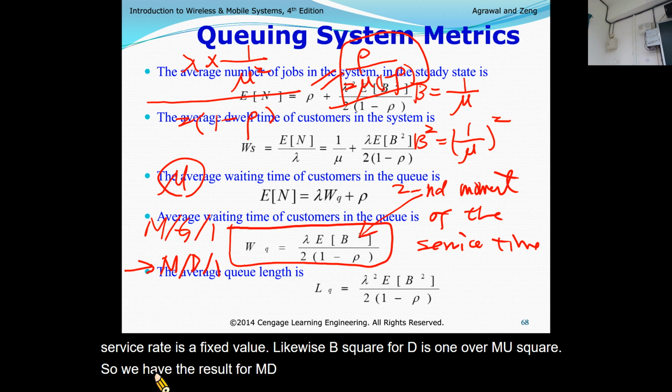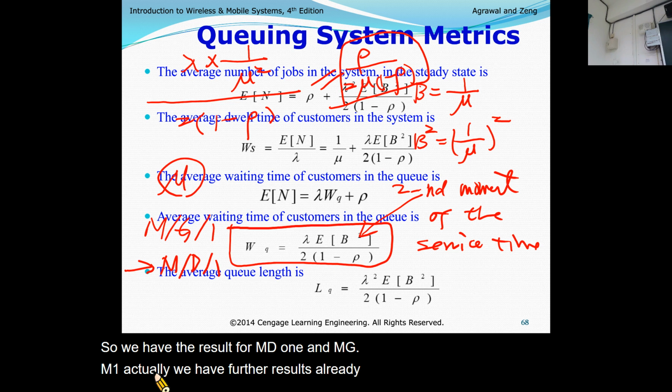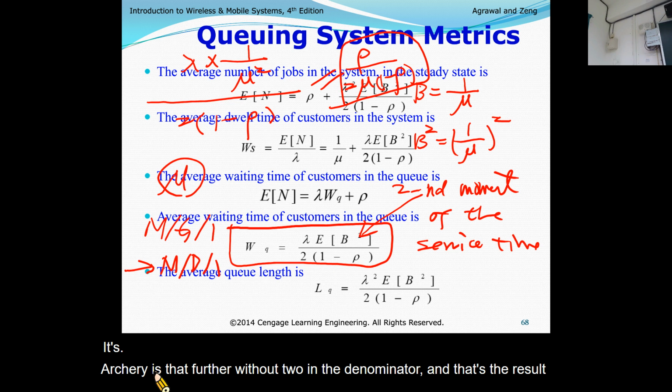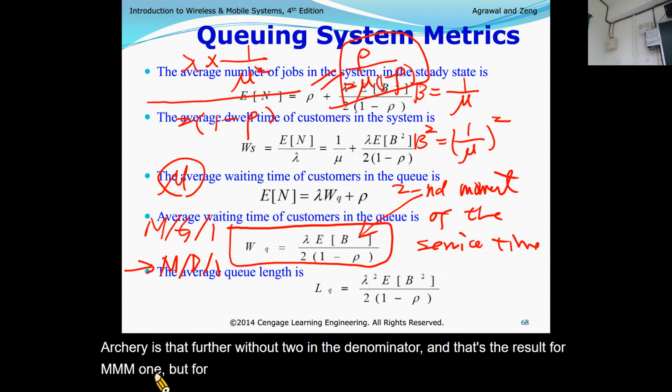And for M/M/1, actually we have the results already, right? Actually, it's that formula without the 2 in the denominator. And that's the result for M/M/1. But how to have the result for M/M/1 based on the formula here?